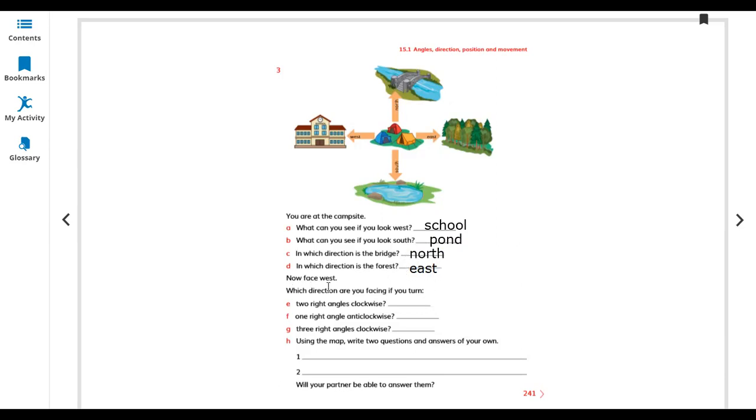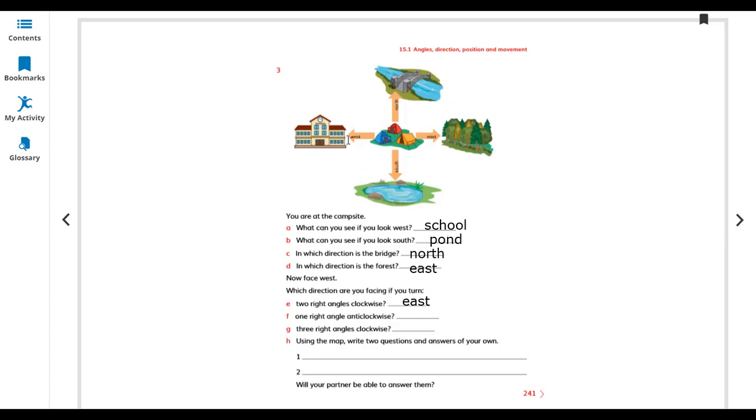Now face west. Now you're standing here. Which direction do you face if you turn a right angle clockwise? If you're standing west, a right angle clockwise, 1 and 2. So you can see you are now facing the east side. So you can write here east. One right angle anti-clockwise.